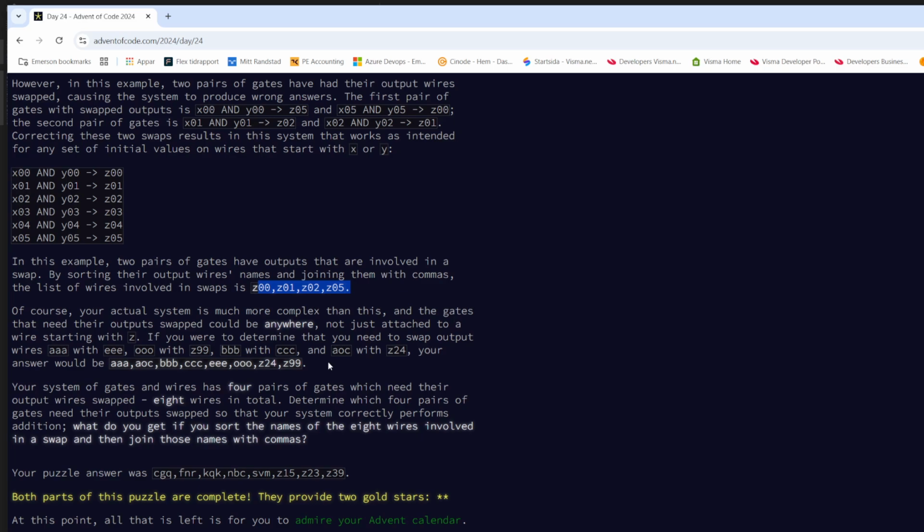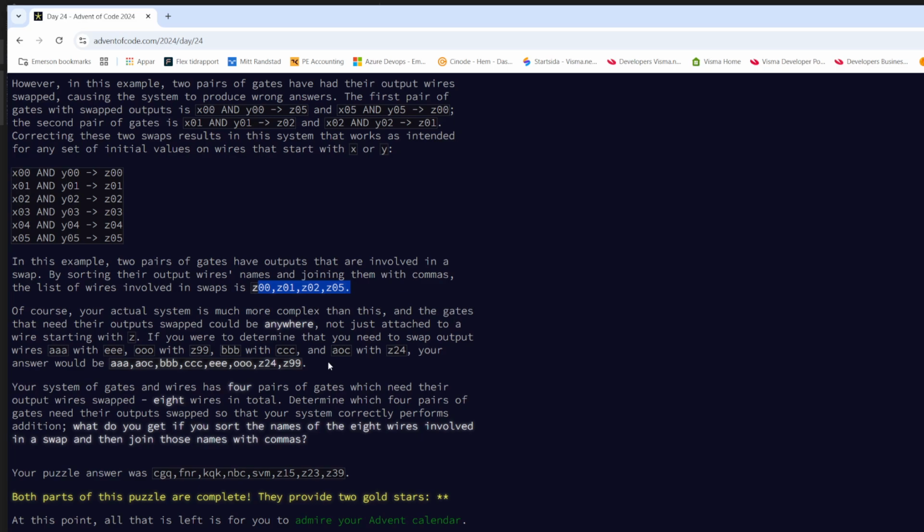I was stumped when I saw this, and I didn't actually know how to solve it. It turns out you basically need to inspect your input. You can find some of them.